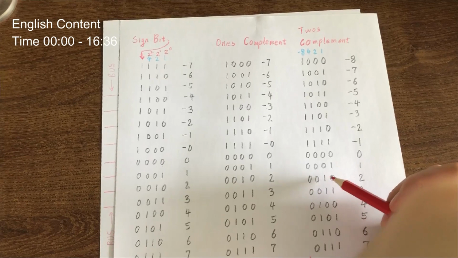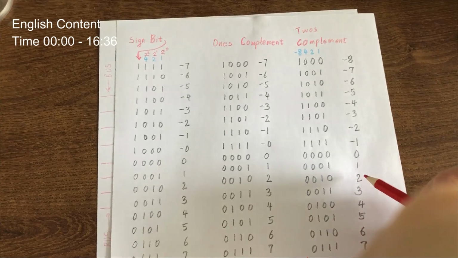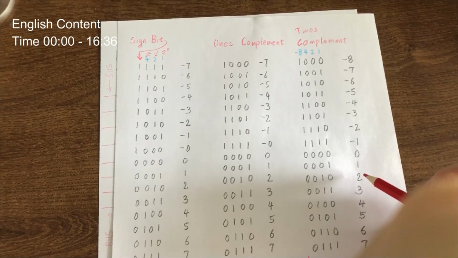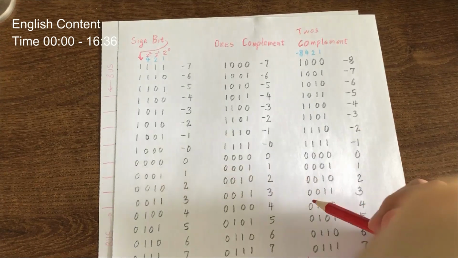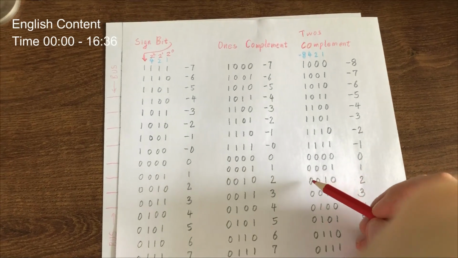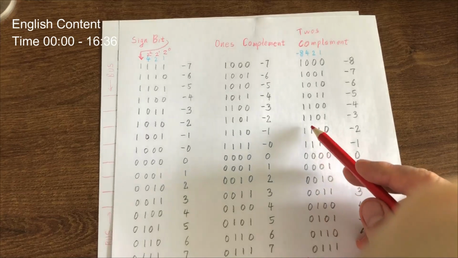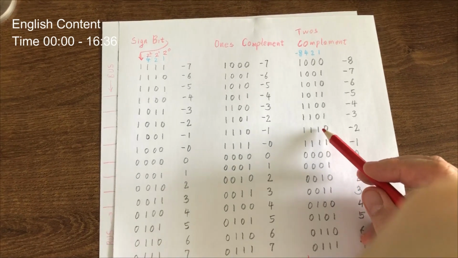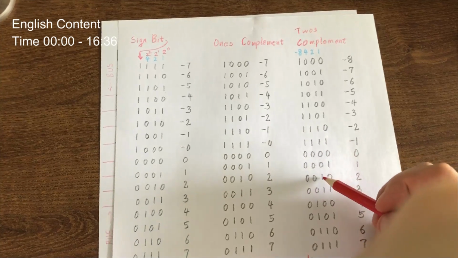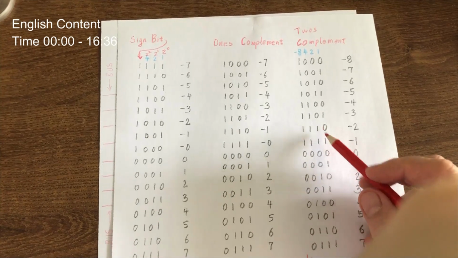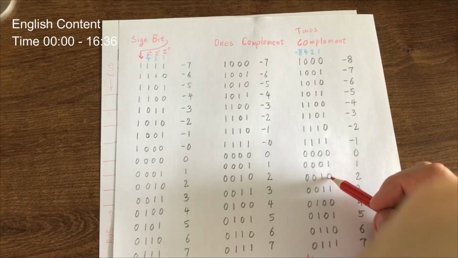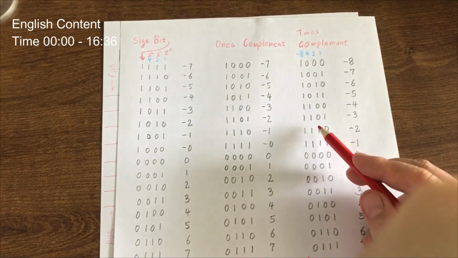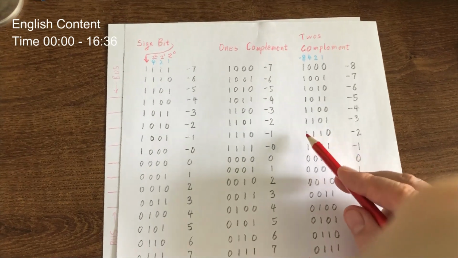This is also how to turn positive 2 into its complement, negative 2. That means turning all the digits to their opposite, 0 becomes 1, and adding 1. This is what we need to build.